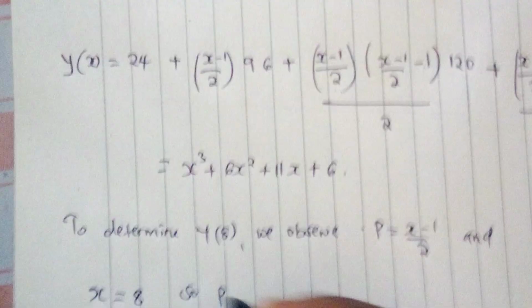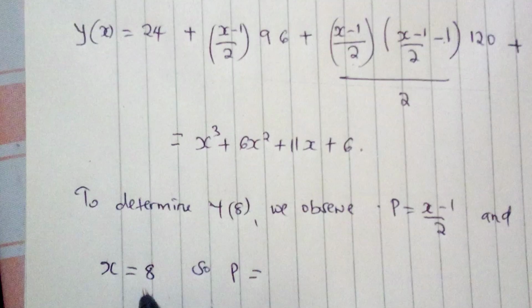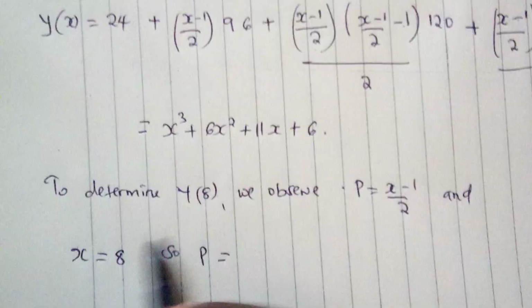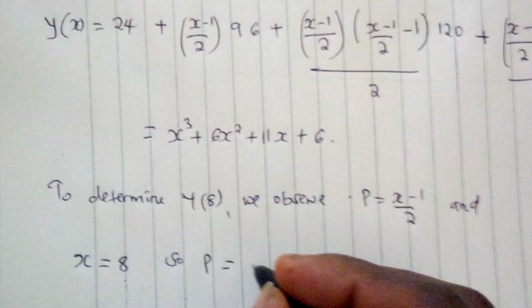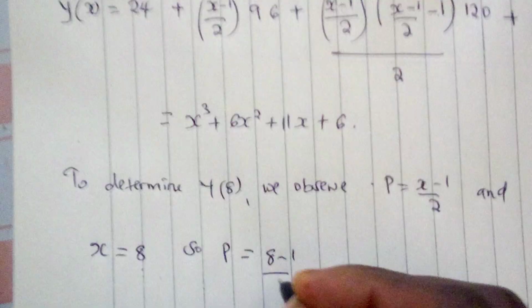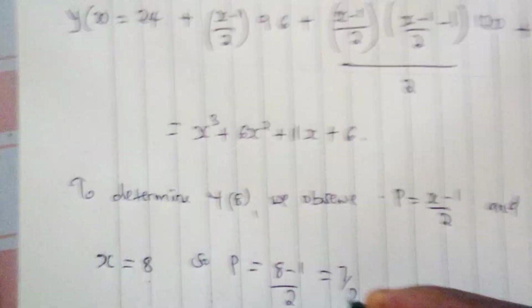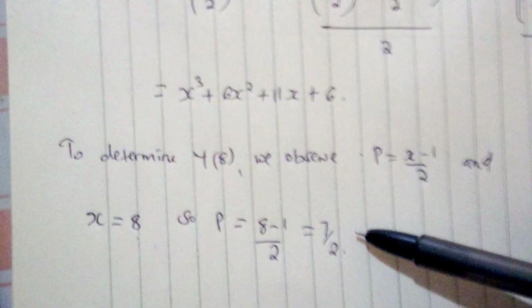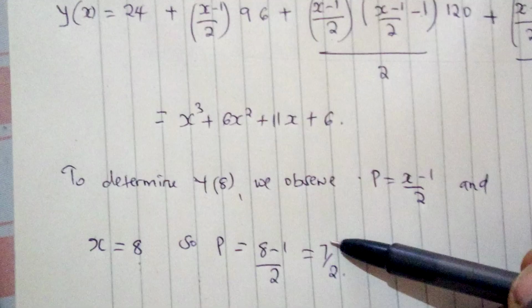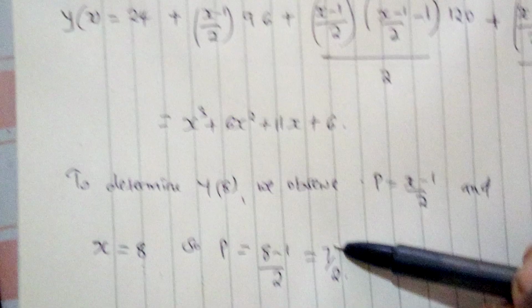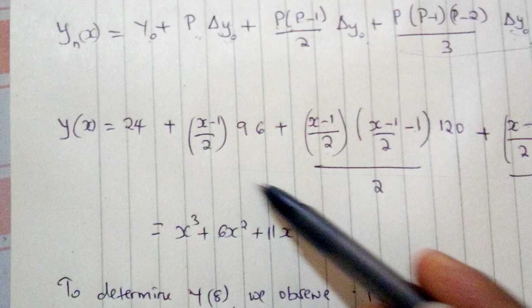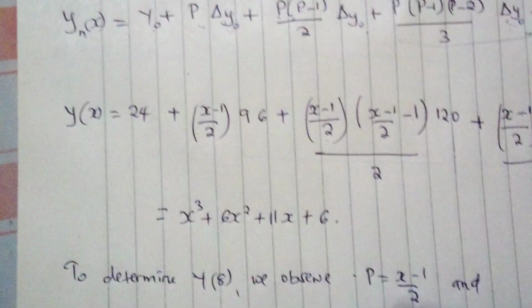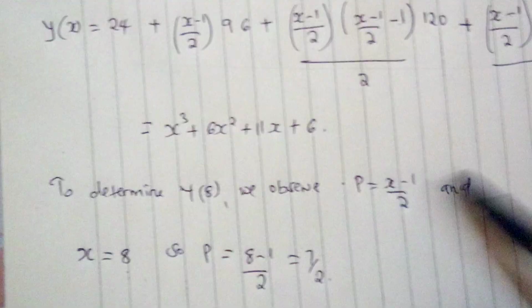So our p will be, you replace this x with 8, so we have 8 minus 1 divided by 2, which is equal to 7 over 2.